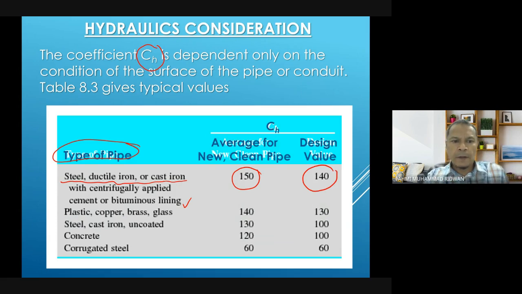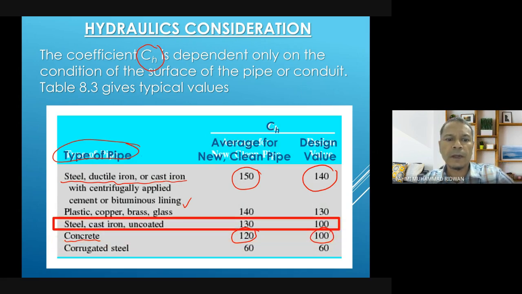Similarly for other types of pipe, let's say concrete. For the new pipe, the value is 120, and the design value is 100. Similar also for steel, cast iron, and uncoated, the average value is 130, and the design value is 100.